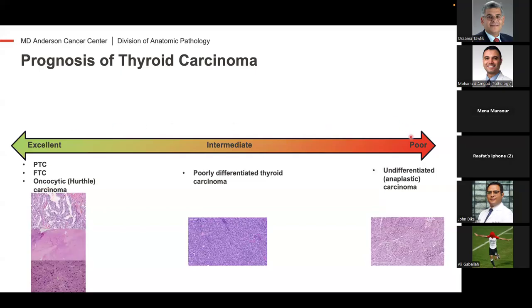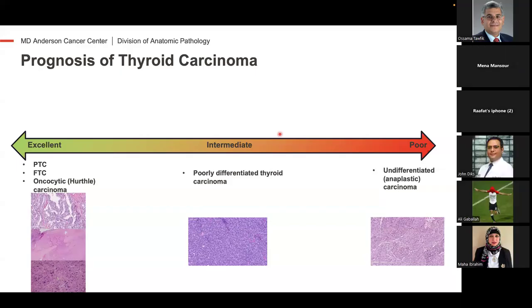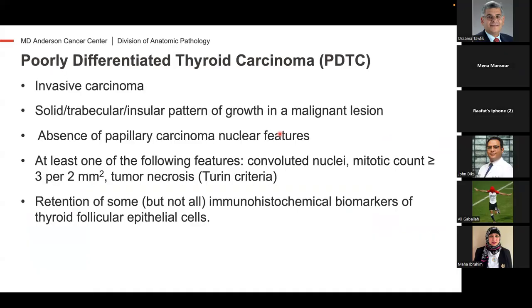On the other end of the spectrum, you have the undifferentiated or anaplastic carcinomas. And in the middle, you have poorly differentiated thyroid carcinomas. I'm going to go quickly over what it is. Poorly differentiated thyroid carcinomas are invasive carcinomas, so you have something that is like a PTC or a follicular thyroid carcinoma that is invading.